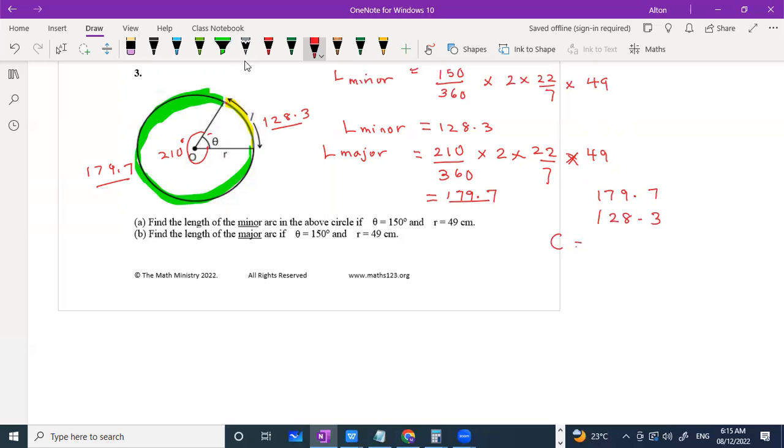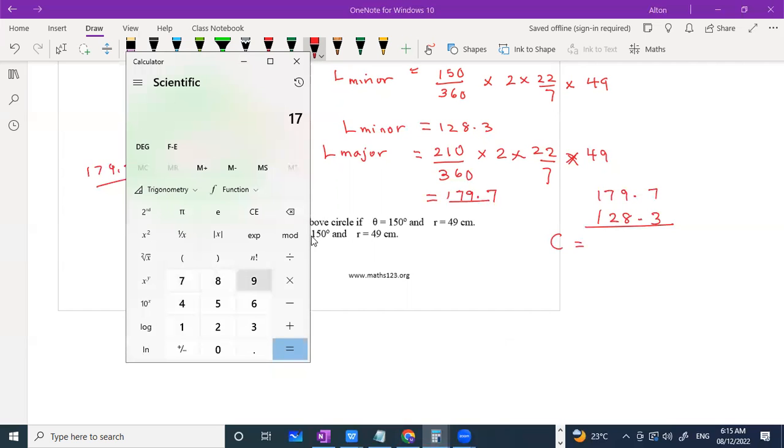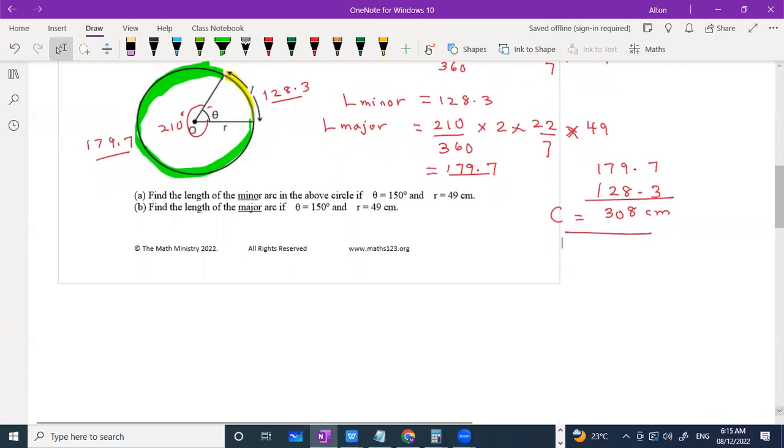Let's add that up. 179.7 plus 128.3. I'm getting 308 centimeters.